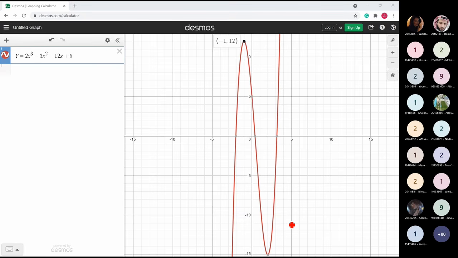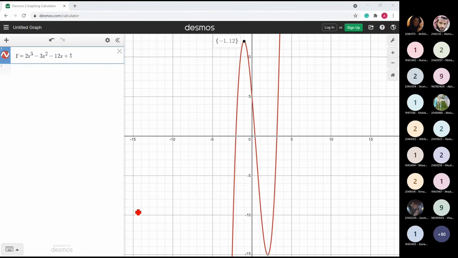This is wrong. F of 2: 2 to the power 3, 8, multiply by 2 is 16, minus 3 times 4 is 12, minus 24 plus 5 equals negative 15.